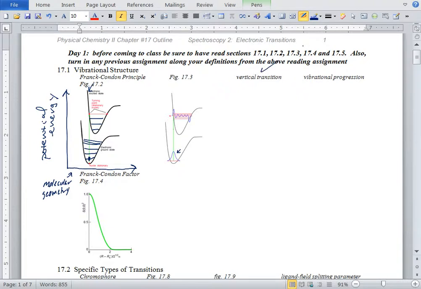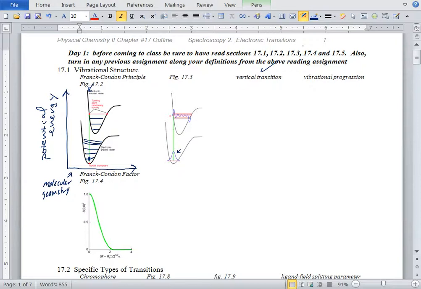Okay, so if we're going to do a vertical transition, we go straight up until we hit a turning point. There are a lot of different words you can put in here. You can use the word turning point, right? Because remember, what are these? This is a what state up here? Excited state. Is it an electronic state?